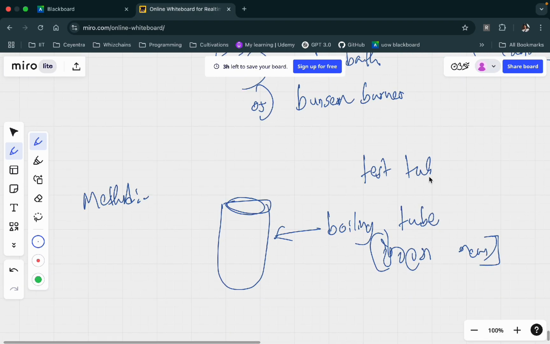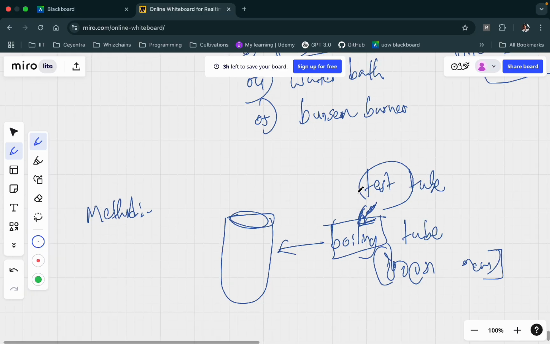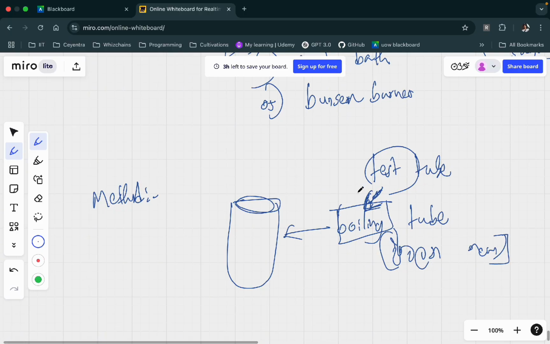Test tube, what is a test tube? And what's the difference between this test tube and boiling tube? Can you tell me? Here's a challenge for you, so you can put the answer in the comment section. As I have mentioned in my previous video, this is a revision.